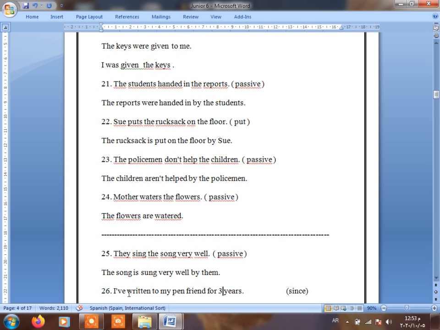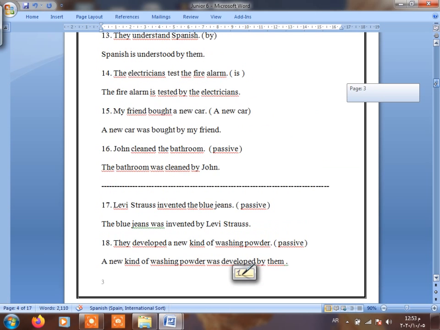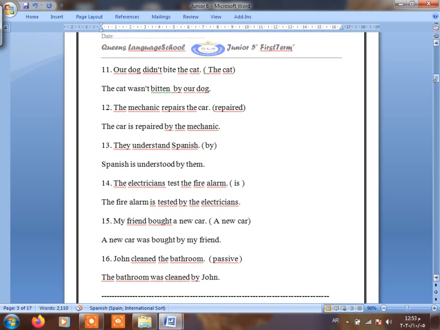Okay. Now let's take a quick look at the examples here. How can I know that I want to change this sentence into passive here? So sometimes, like number 1 here, our dog didn't buy the cat, he told me to start with the cat. And the cat here is the object, so that's passive. Sometimes he asked me to use the verb in past participle, which is also passive.